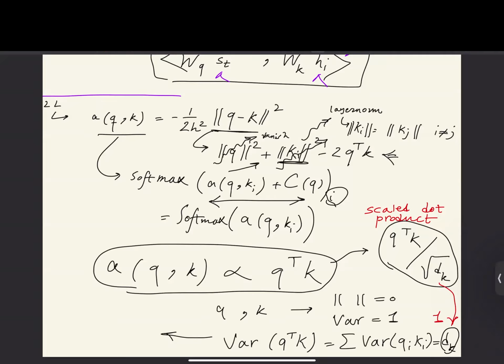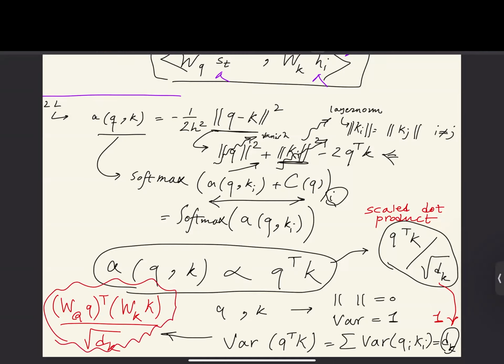So we are going to use the scaled dot product of Wq q and Wk k over the square root of dk. This is the scaled dot product between the aligned vectors.